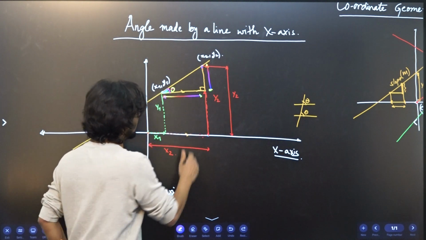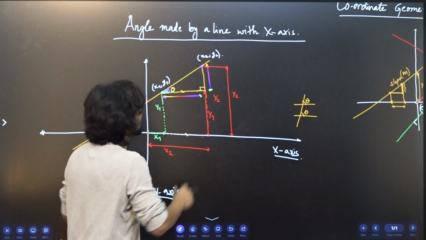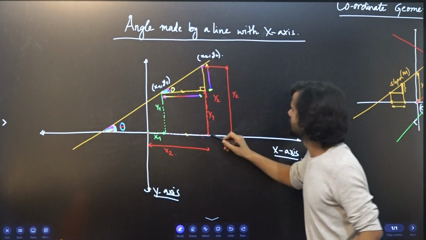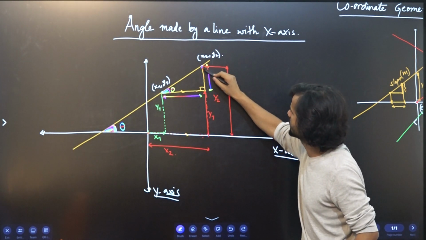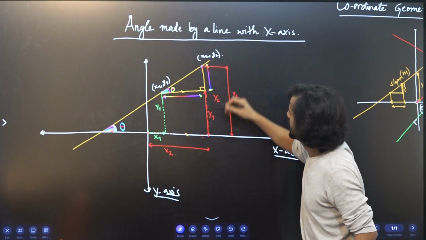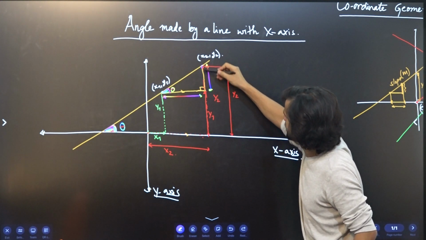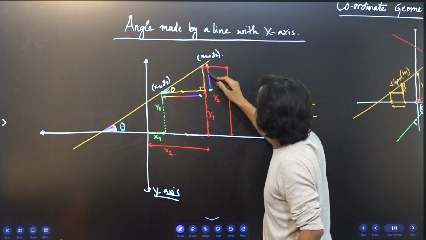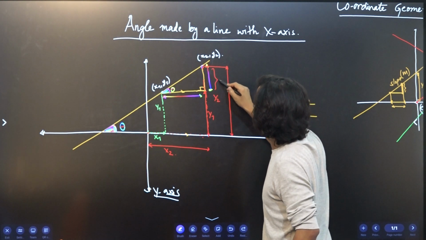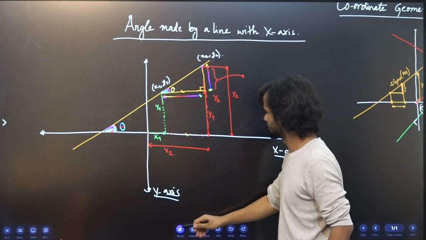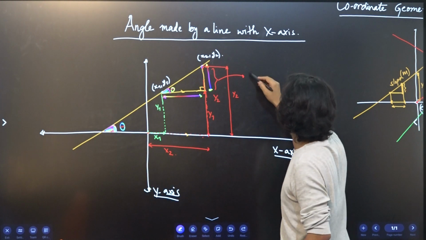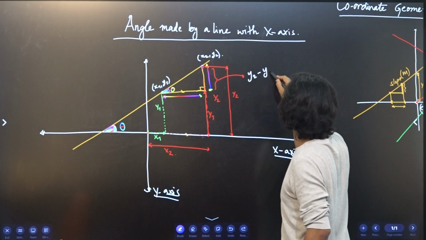So from here to here is y2, from here to here is y1. So what is the length of this part? y2 minus y1.